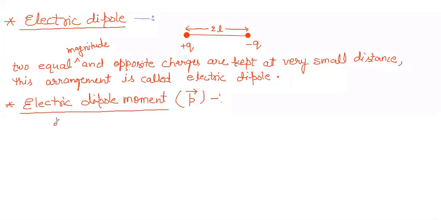Electric dipole moment is defined as the product of either charge and the distance between them. This is the magnitude of the electric dipole moment.